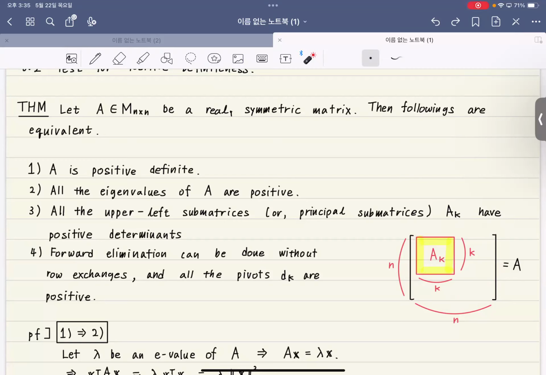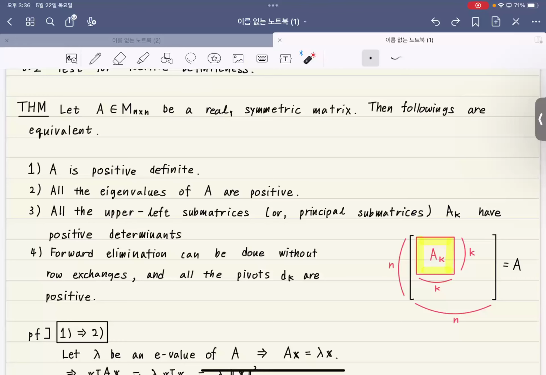If you draw a k by k square from there, the matrix you find in this square is called the principal submatrix, which I will call A_k. If the size of your matrix is n by n, you have n principal submatrices from A_1 to A_n. A_1 is just the one entry of your matrix, and A_n is just A itself.